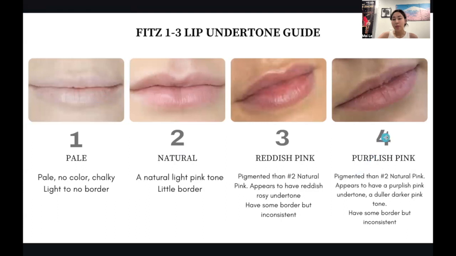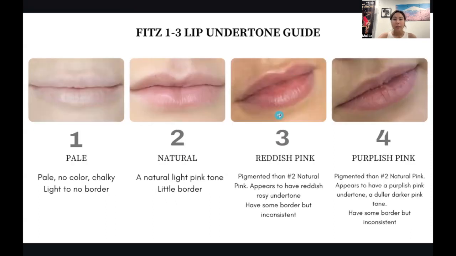It's again more pigmented than the natural pink, but it appears to have a little bit of purple in their pink tone, as opposed to this one, which is a reddish rosy tone. This one is a darker pink, a purplish, duller looking pink. They have some border, but it could be inconsistent.